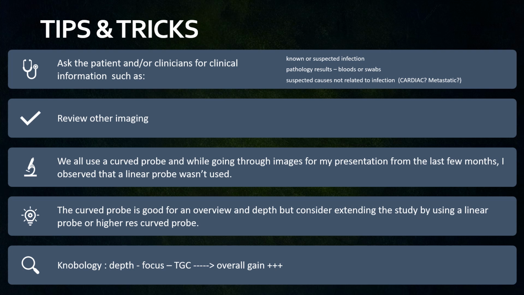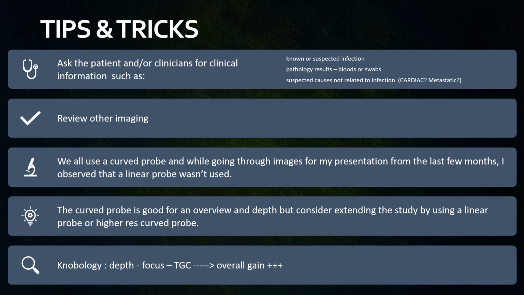We all start scanning with a curvy and have a look at the depth and the extent of the effusion. While I was going through images for my presentation from the last few months, I noticed that the linear probe wasn't used. So the curvy is good for an overview of depth, but consider extending your study by using a linear probe or a higher res curve probe.